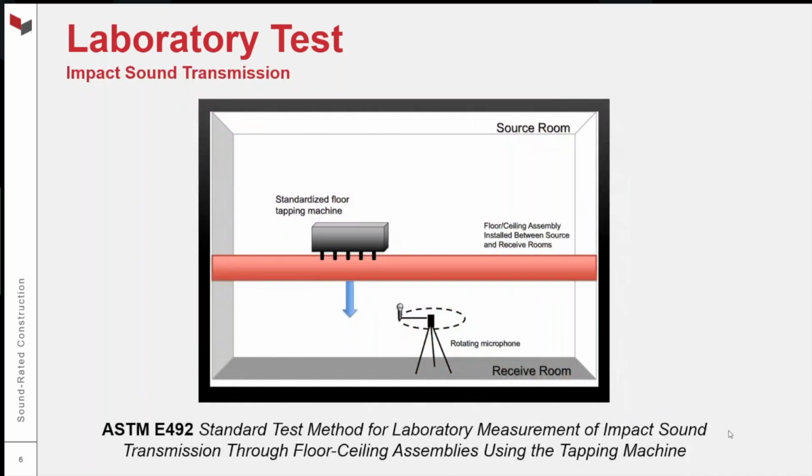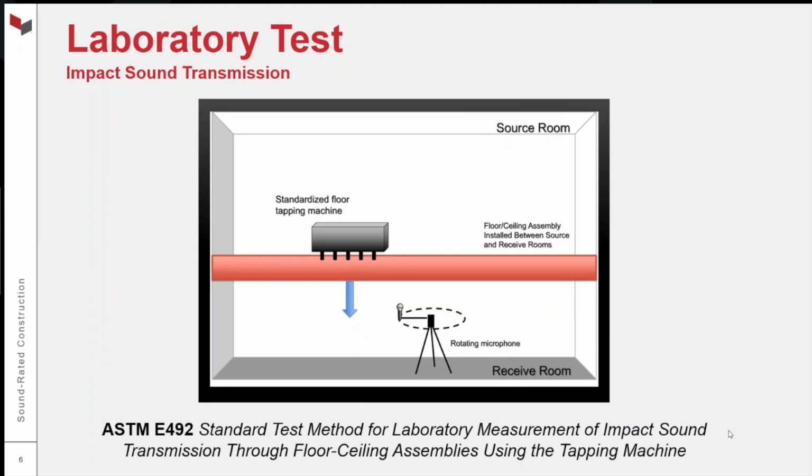And when we are at the lab and we build those horizontal assemblies for tests in the vertical configuration, it's very common to also run the impact sound transmission test. This is ASTM E492, the standard test method for laboratory measurement of impact sound transmission through floor ceiling assemblies using the tapping machine.